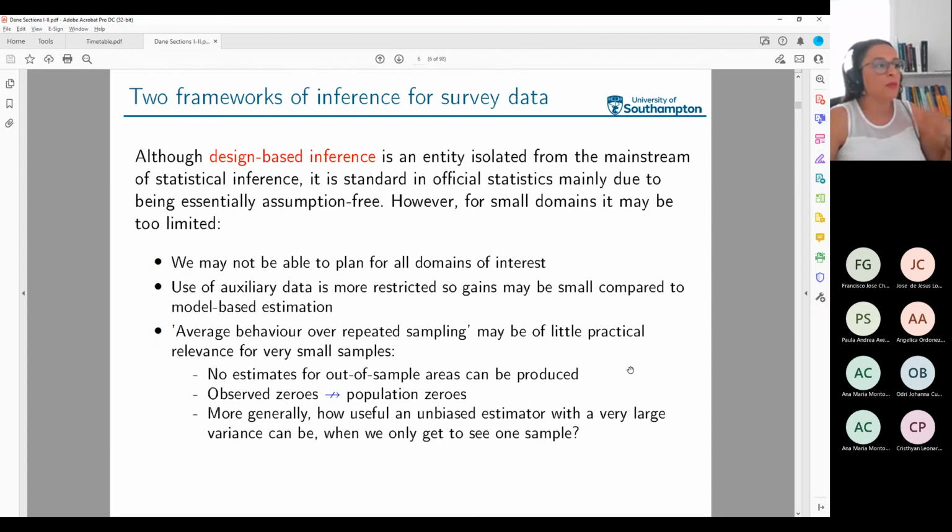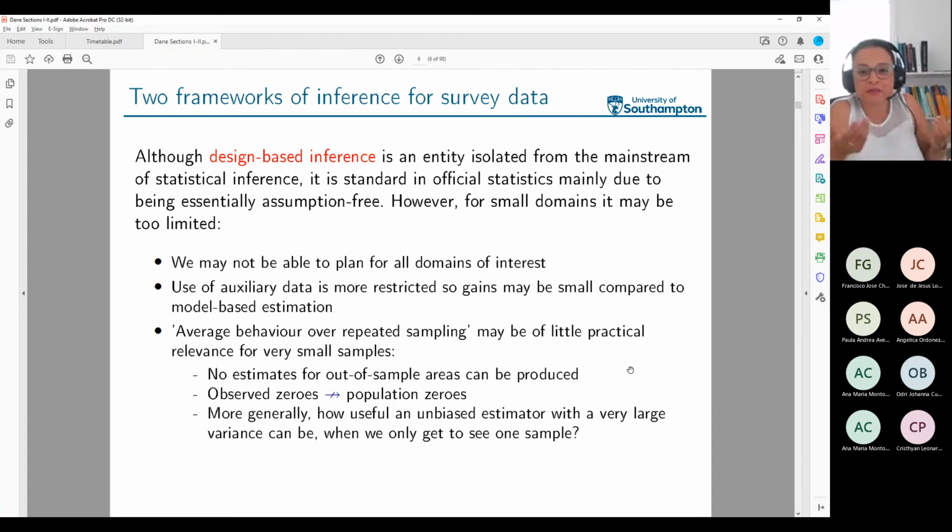So observed zeros are actually not true population zeros, but when I have only one sample, there's nothing I can do with that. More generally, it's not very useful to have an unbiased estimator, even if it's great that on average I'm spot on, when that estimator has a very large variance. So let's say my estimate for the average income in Florencia, Caquetá, goes between 2,000 pesos and 5 million, and I only get to see one sample.